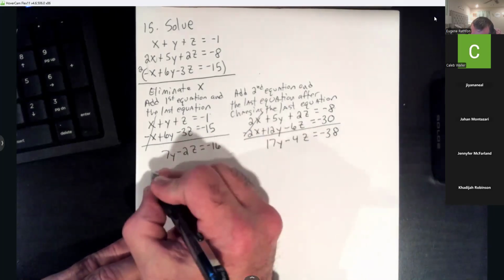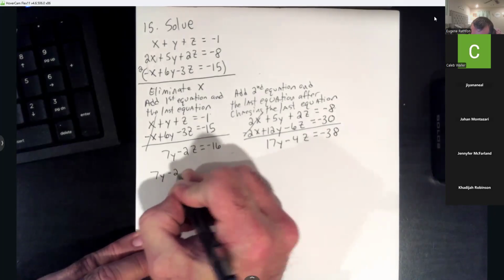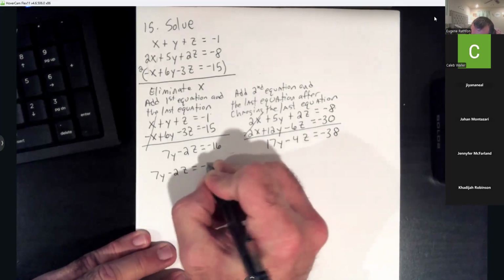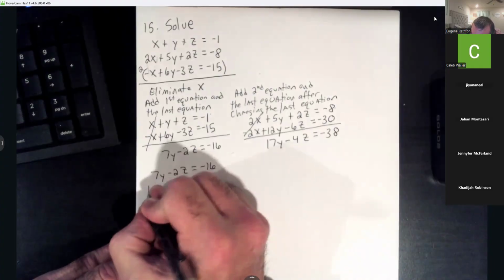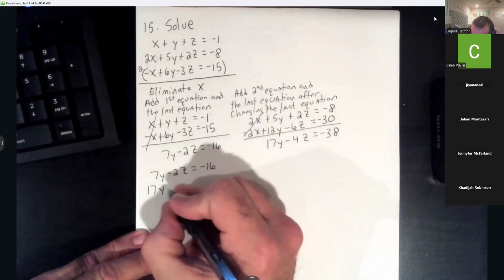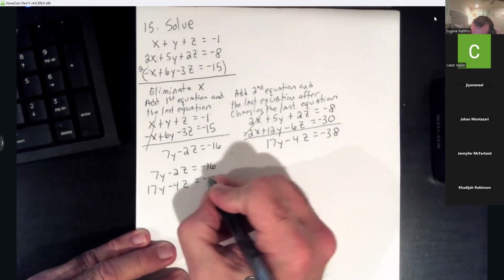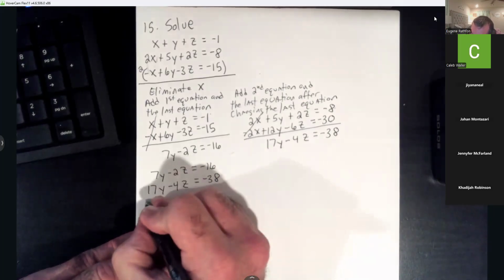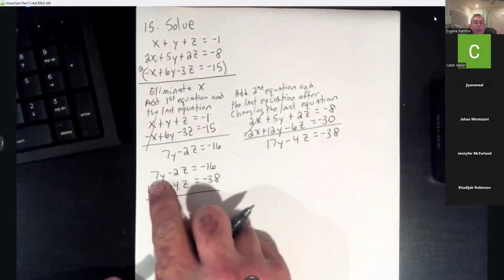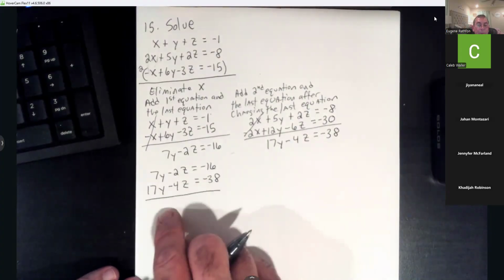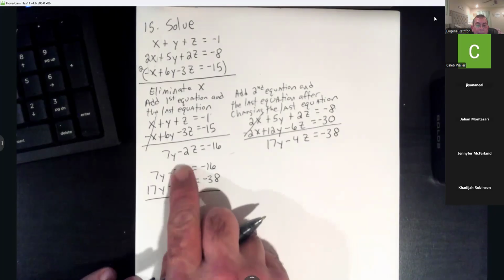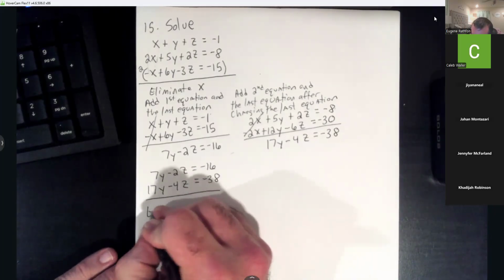So we're going to put them together. Now we got to eliminate one of these two variables. So I'm going to eliminate the z this time.